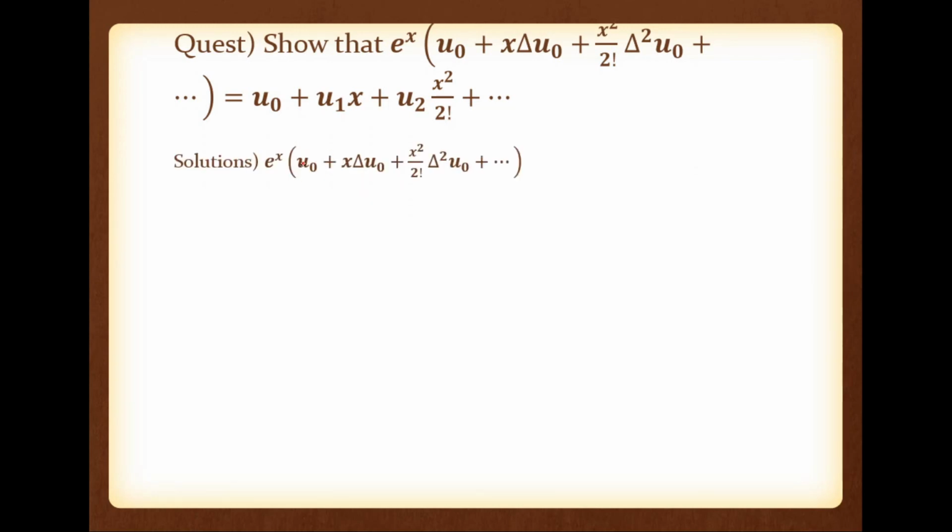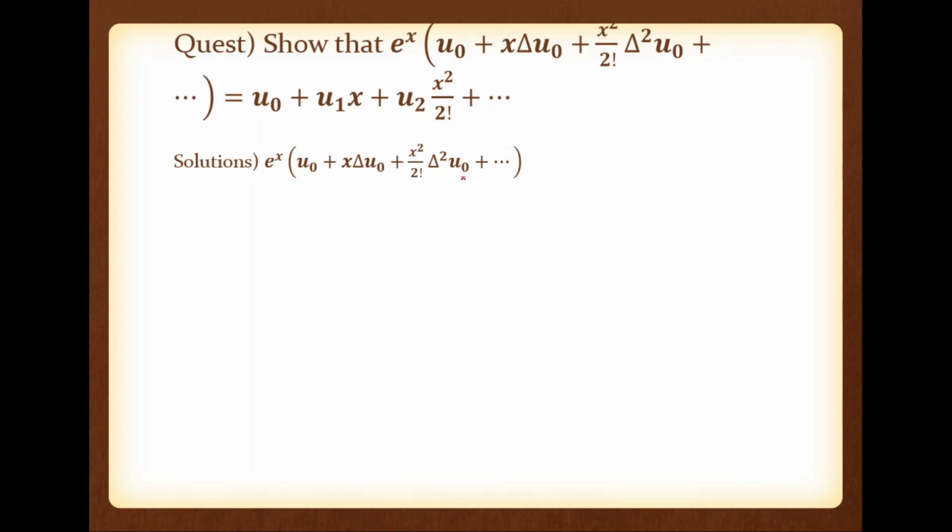So first take the left hand side: e raised to x times (u0 plus x delta u0 plus x square by 2 factorial delta square u0 plus etc.). Left hand side is taken. From this bracket you can take u0 to outside.